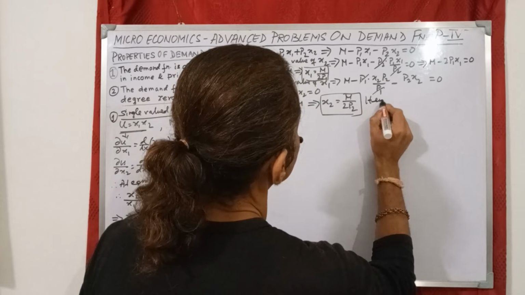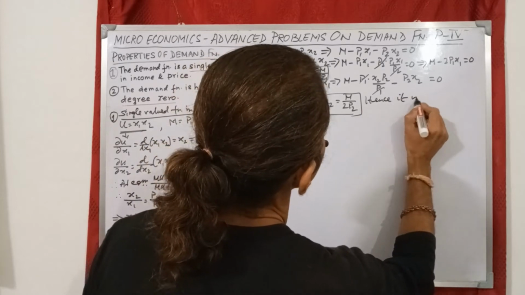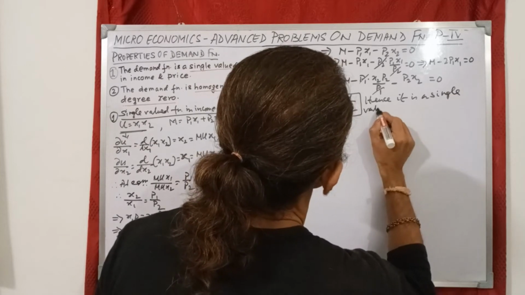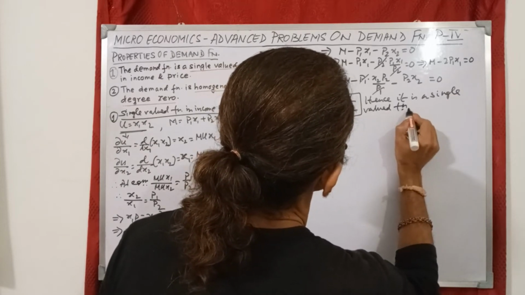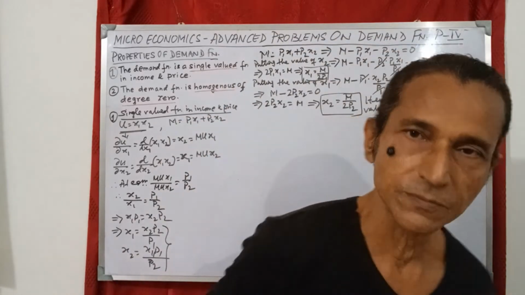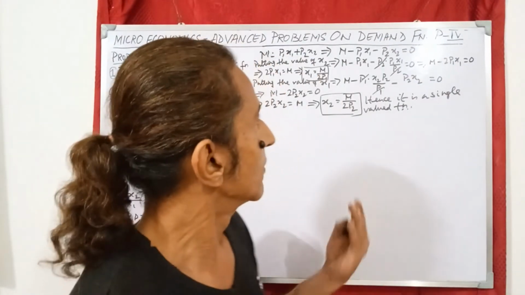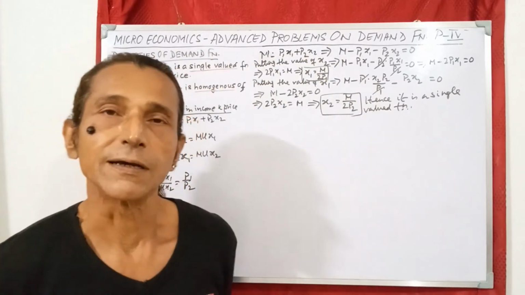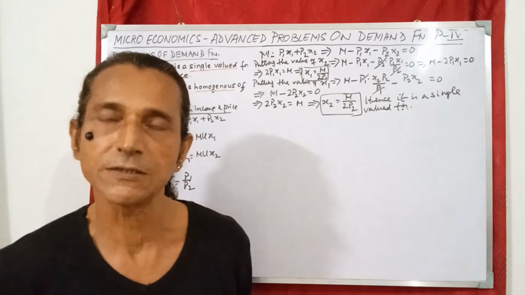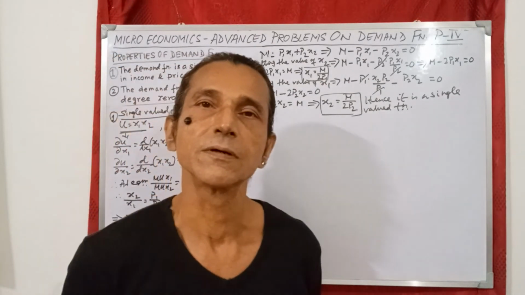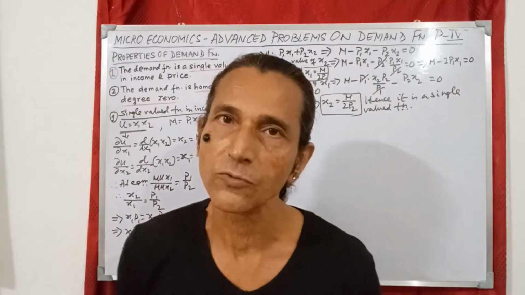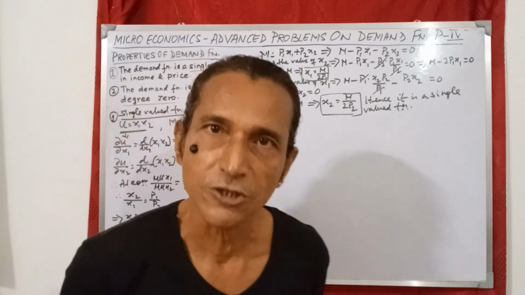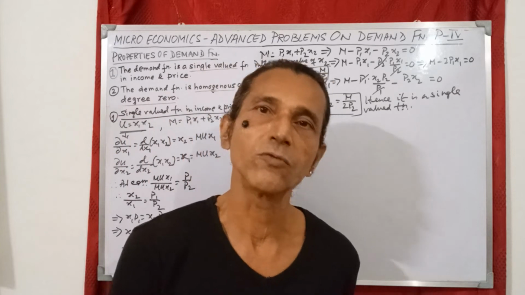Hence it is a single valued function. This means for a given money income and for given prices of two commodities, the consumer will consume a particular quantity of the commodities and he or she will not purchase 1 unit less or 1 unit more.